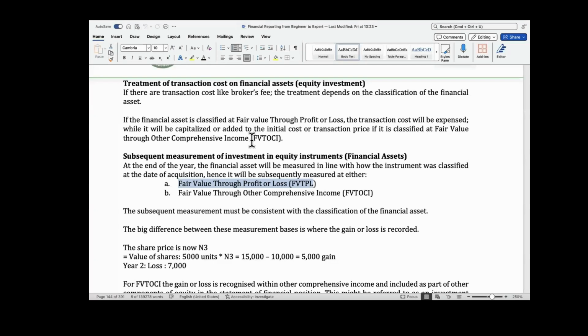When you have broker's fees, transaction costs, any attributable costs, such costs would be expensed if that financial asset is classified at fair value through POL. Expense it, take it to POL. But if that financial asset is classified at fair value through OCI, capitalize it, add it to the cost of the asset. So I don't think you should be looking for what will now go to OCI. The principle is capitalize it. Okay.